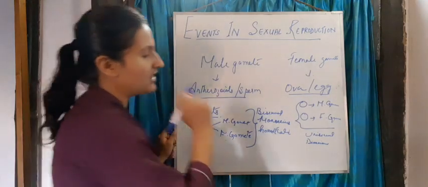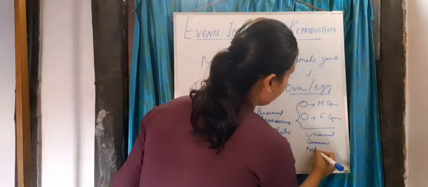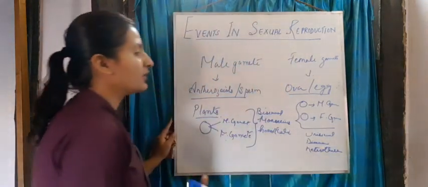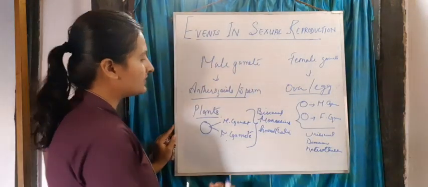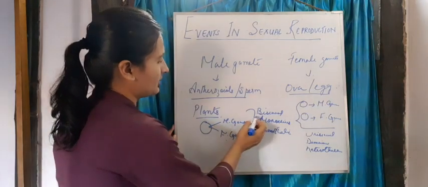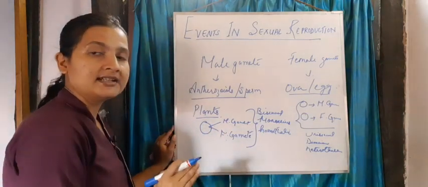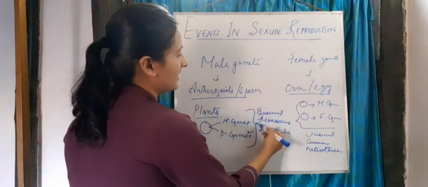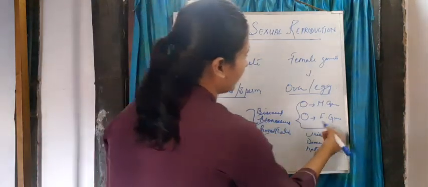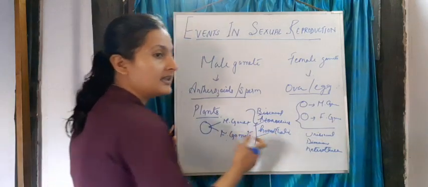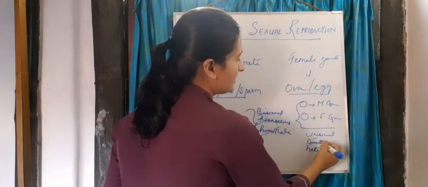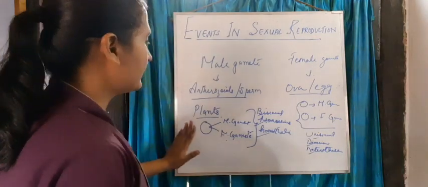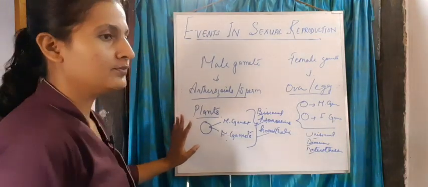And they are called heterothallic. So if there is a plant which possesses both male and female gametes in one plant, then it is called bisexual, monoecious and homothallic. On the other hand, if they possess different gametes, then they are called unisexual, dioecious and heterothallic. I hope this is clear to you.